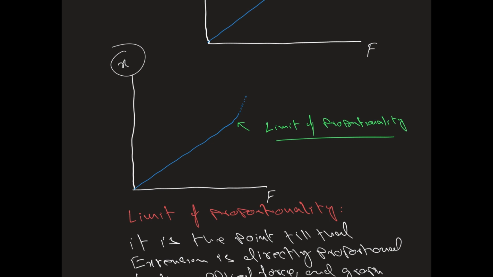So after the limit of proportionality, graph is bending towards the y-axis or towards the extension. Remember, whenever the limit of proportionality exceeds, the graph will bend towards the extension. If the extension is on y-axis, it will bend towards the y-axis, or if extension is on x-axis, it will bend towards the x-axis.